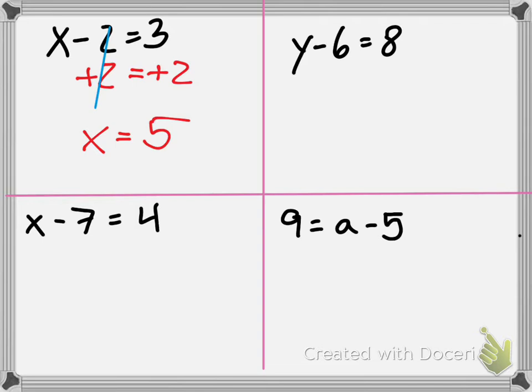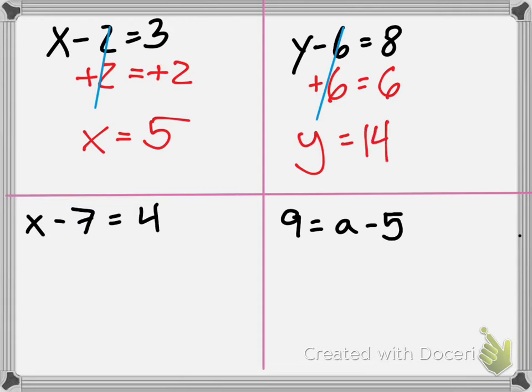To solve it, you have to... So I'm going to add. I'm going to add 6 to both sides. Add 6. Yeah, because then negative 6 plus 6, which is the same as 6 minus 6, that goes away. And I'm just left with y. And then, Jonathan, what is 8 plus 6? 8 plus 6 is 14.